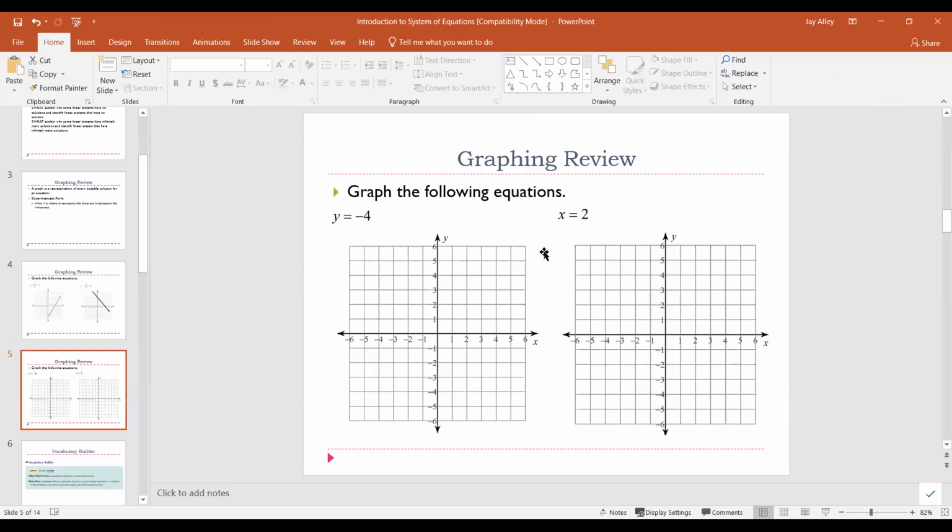What about these 2 examples? I'm still seeing people getting these mixed up too. First one says y equals -4. The second one says x equals 2. So where does y equal -4? Well, that's down here. This is the y-axis, so I go to where it says -4.